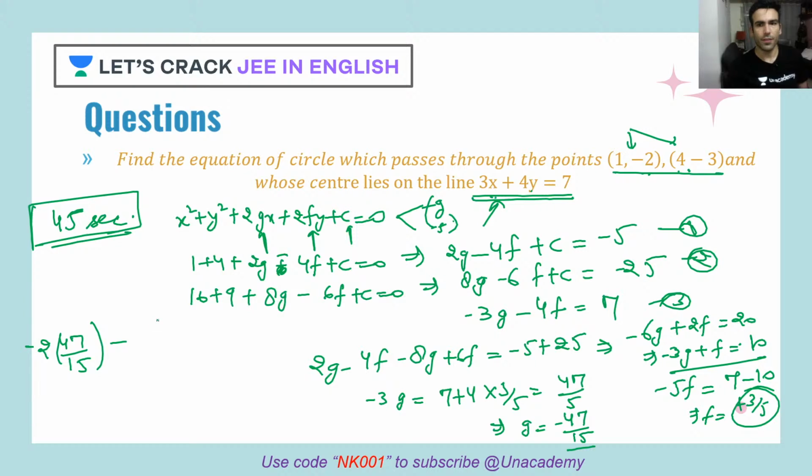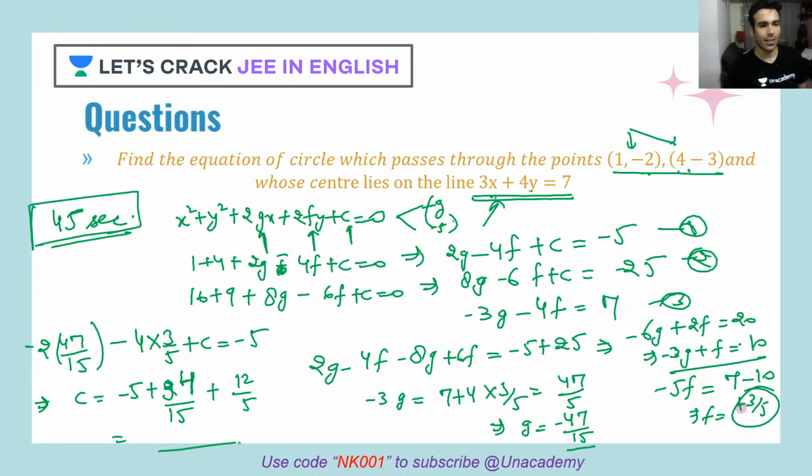And then we have minus 4 times f, 3 by 5, plus c is equal to minus 5. So I get c will be equal to minus 5 plus twice of this, which becomes 94 by 15, plus 12 by 5.